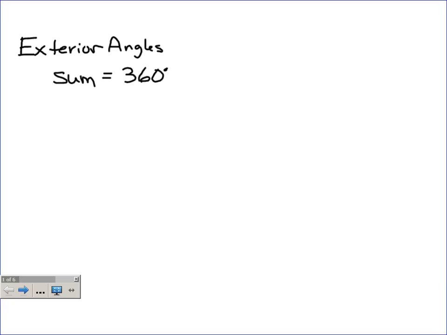Whenever we talk about the sum, that's what we do. What if we talked about each exterior angle, for a regular polygon? What will that equal?